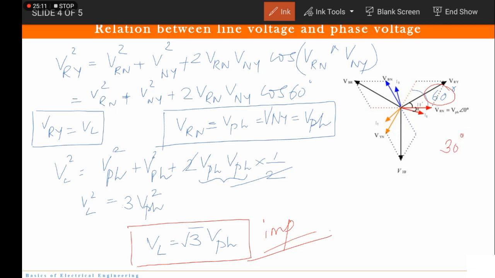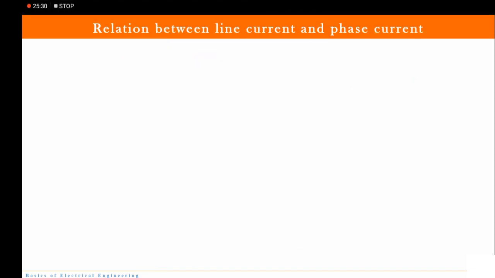This equation, that line voltage in star connection is √3 times phase voltage. The second important point is the line voltage leads by 30 degrees as compared to the phase voltage. There is a phase shift of 30 degrees between line voltage and phase voltage. Got it? Now let us talk about line current and phase current.